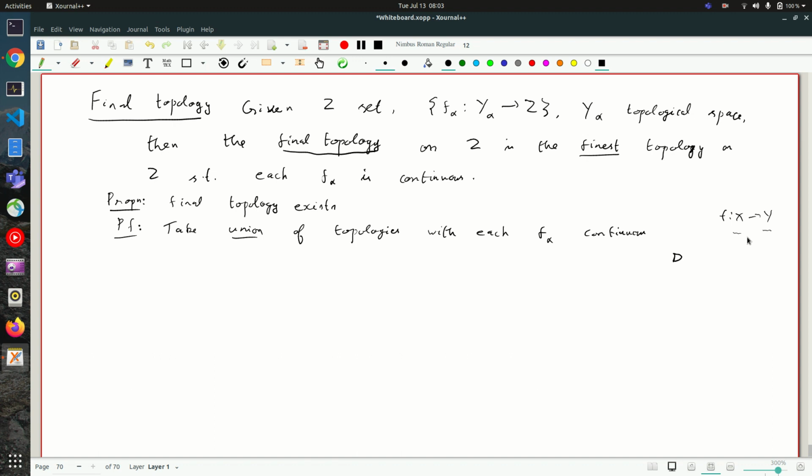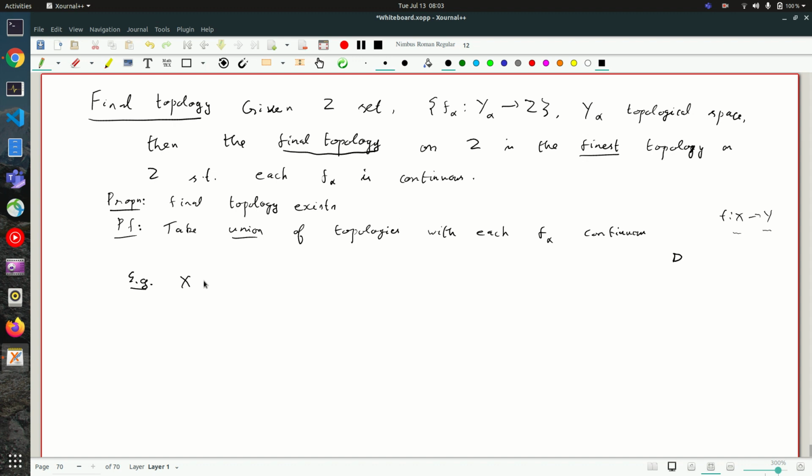So you would like to take as few open sets here as required to make something continuous, or as many open sets as permitting certain functions to be continuous. It's the dual nature of these things. It's because of the condition that for all open sets in the codomain we need a condition on the domain, subsets of the domain.